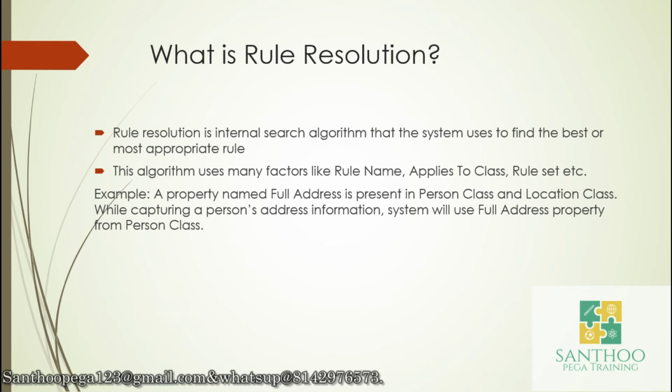So this is the rule resolution algorithm. It will check the user's access level to execute that rule, and then it will follow some steps to execute that rule. Further, we'll see more detail about this rule resolution, where it is executed and what the steps are, and how we need to understand rule availability as well, like available, not available, withdrawn.